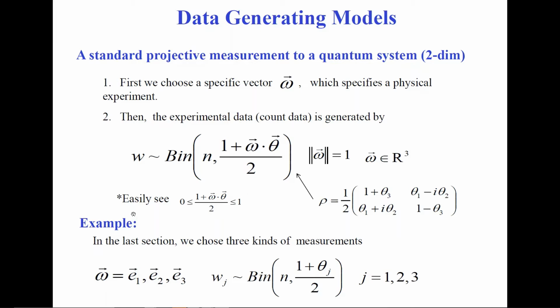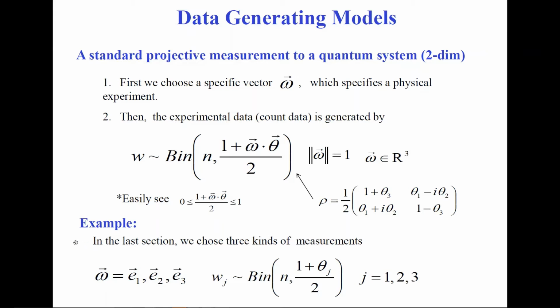And we can easily see this quantity is between 0 and 1. So this is a data generating model for specific theta and omega.